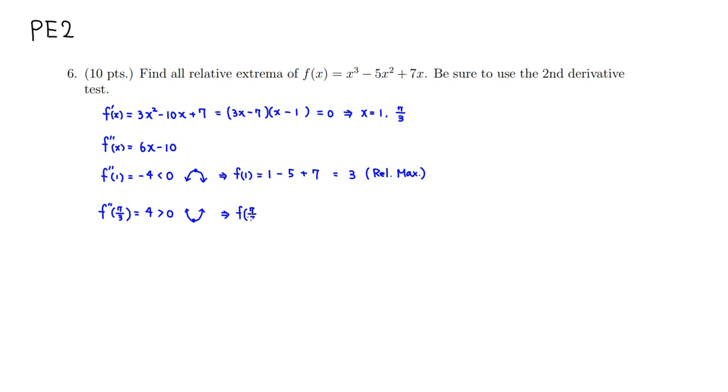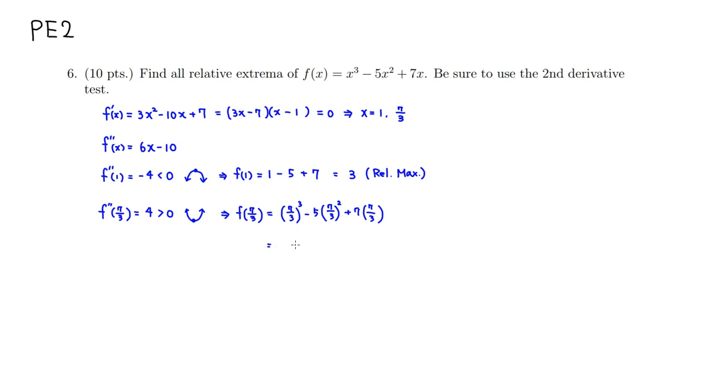7 over 3. Then we just have to plug it in, so it's 7 over 3 cubed minus 5 times 7 over 3 squared plus 7 times 7 over 3. Let's see what we get here.